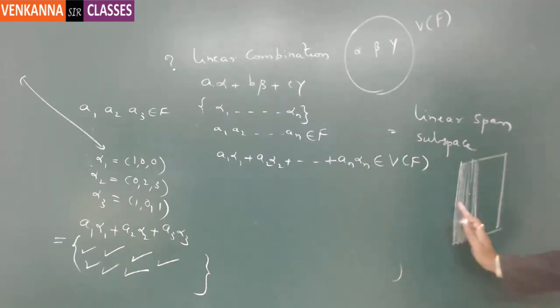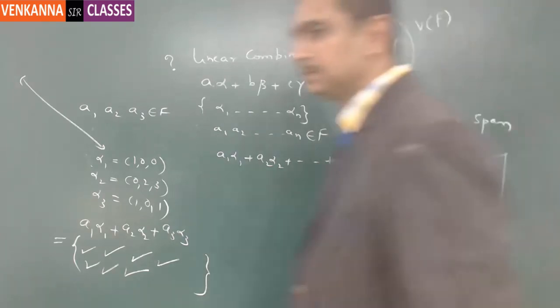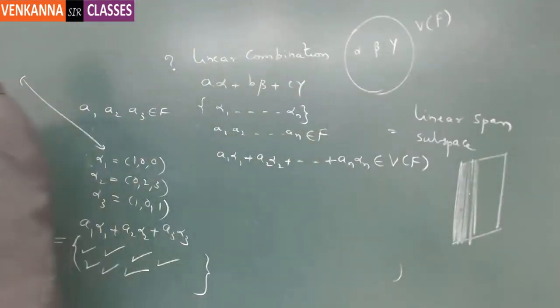If you put all lines together, it will become the whole space, the subspace. Accepted? Yes or no? So linear span is nothing but all possible linear combinations. So all possible lines, you say, that will constitute a subspace for us.